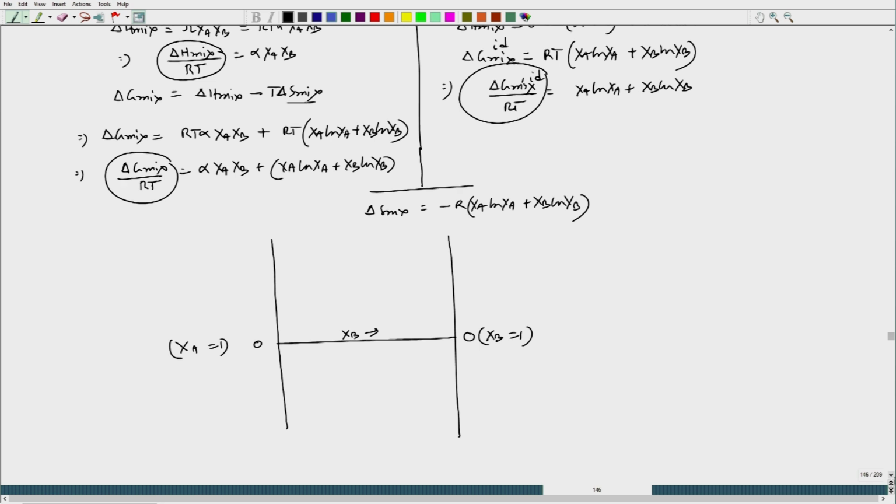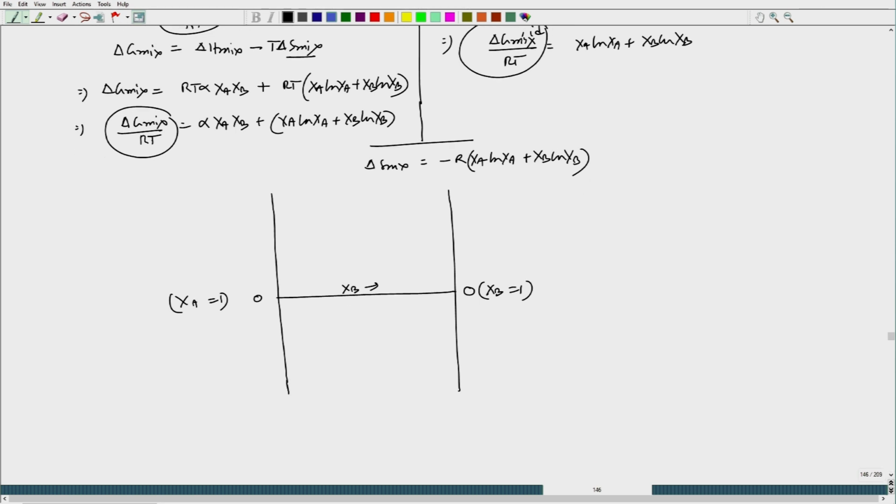Now, when we talk about the ideal case, alpha equal to 0. Let me plot the ideal one.